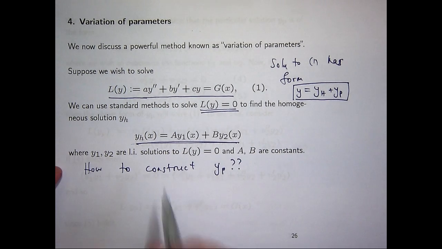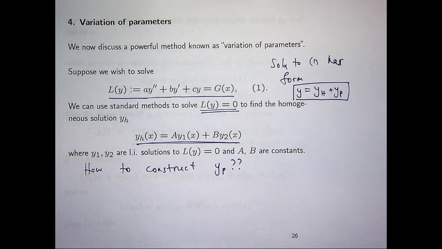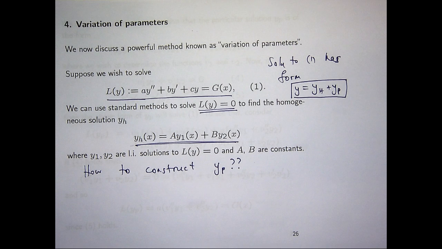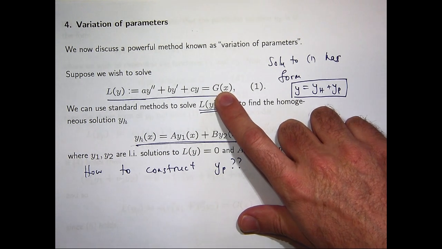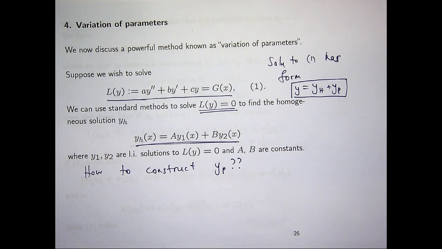So the next question is, how to construct a particular solution to the non-homogeneous equation 1. We have discussed that in previous lectures, but only for a limited style of right-hand sides. When g of x is, say, a polynomial or an exponential or a cosine or sine, then we can make a guess with our y sub p based on the form of g of x.